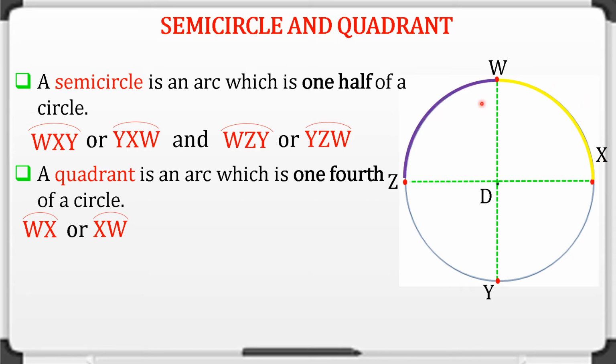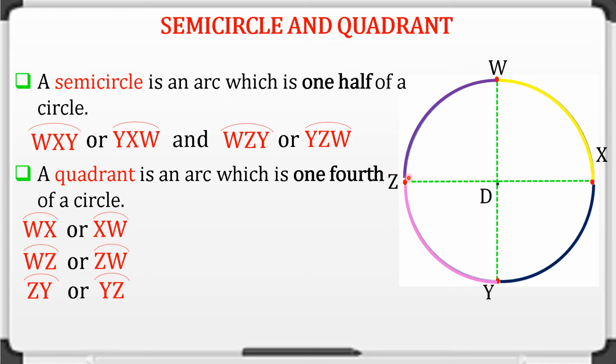Next is arc WZ or arc ZW. Next is arc ZY or arc YZ. And the last one is arc XY or arc YX. Remember, a quadrant is a minor arc.